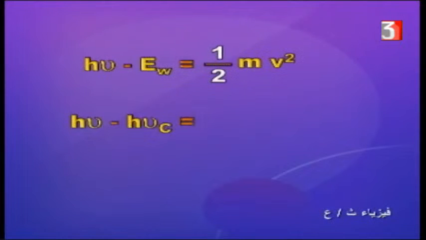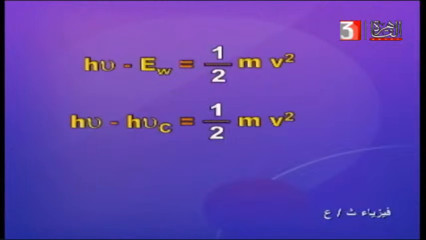So h nu minus EW equals half mv squared. We can say h nu minus EW, the work function, which equals h nu C, is equal to half mv squared.